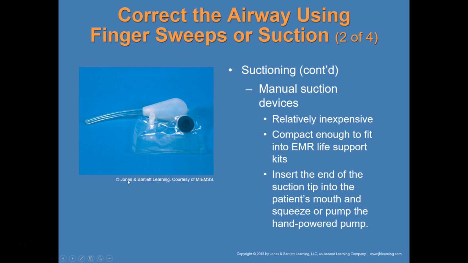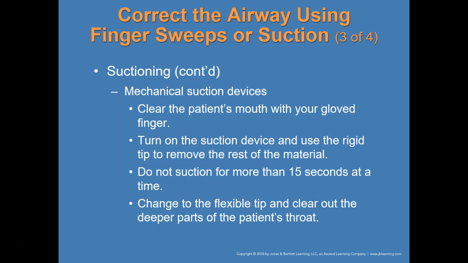It's supposed to pull up the fluid, secretions, vomitus, whatever, and then deposit it into this bag. These ones are pretty inexpensive. Should be able to fit into your EMR life support kit. Once again, the end of the suction tip goes into the patient's mouth. You squeeze or pump the hand-powered pump. Start sucking it out. Some services will have mechanical suction devices.